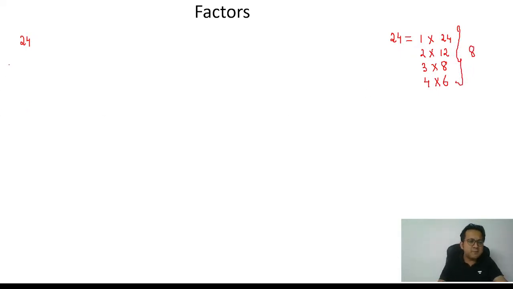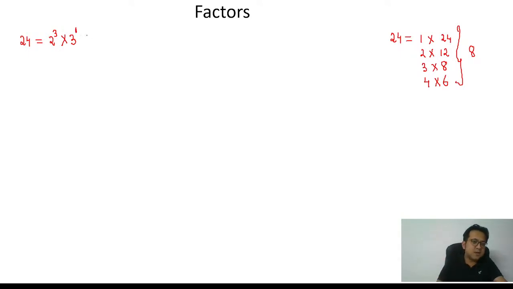If I write it in terms of prime numbers, how do I write it? 24 is equal to 8 into 3, so 2 cube into 3 to the power 1. Now, ask yourself, what are the questions that the examiner can ask you on this?